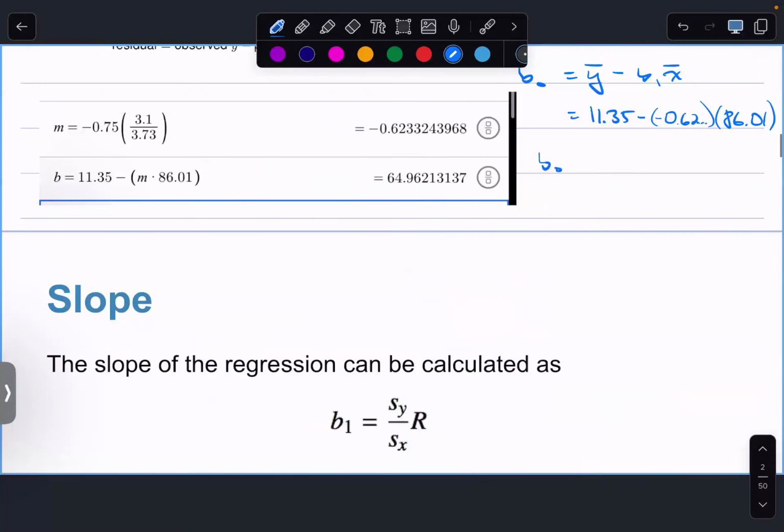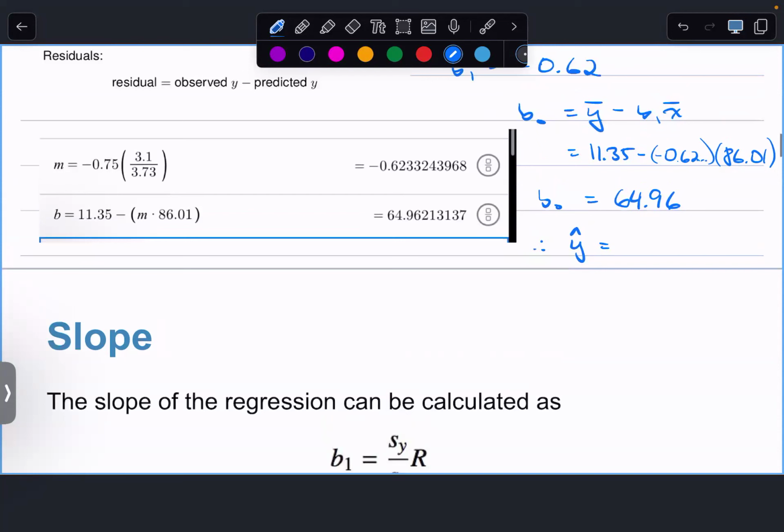And I find that B0 is roughly 64.96, which means that the least squares regression line, Y hat, is 64.96 plus negative 0.62, which is going to turn into minus 0.62 times X.